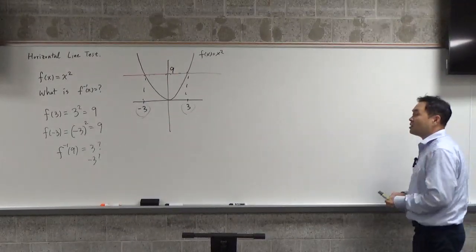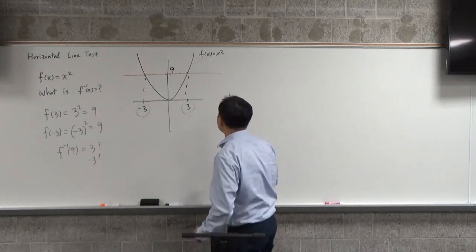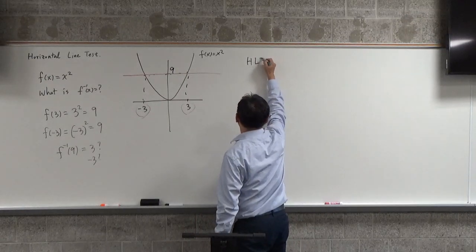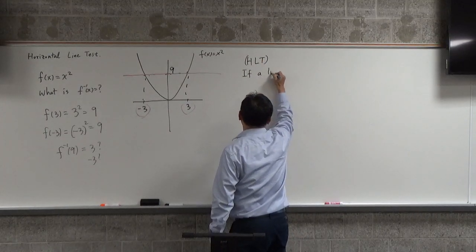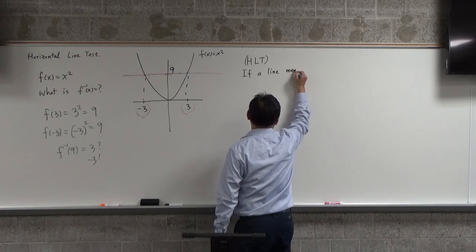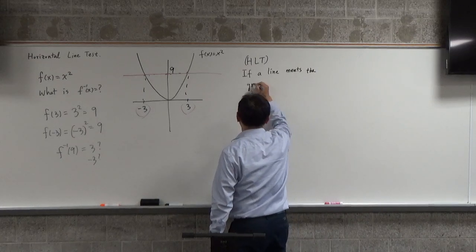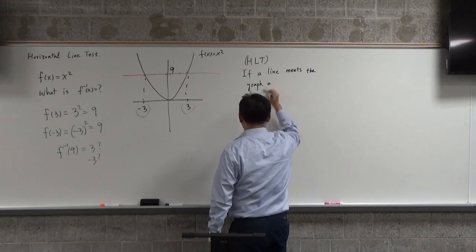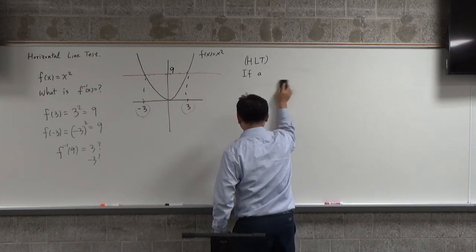And that immediately gives you the motivation for a test called HLT, or horizontal line test, which says, oh, sorry, it's not just a line, it's a horizontal line. Let me start over.